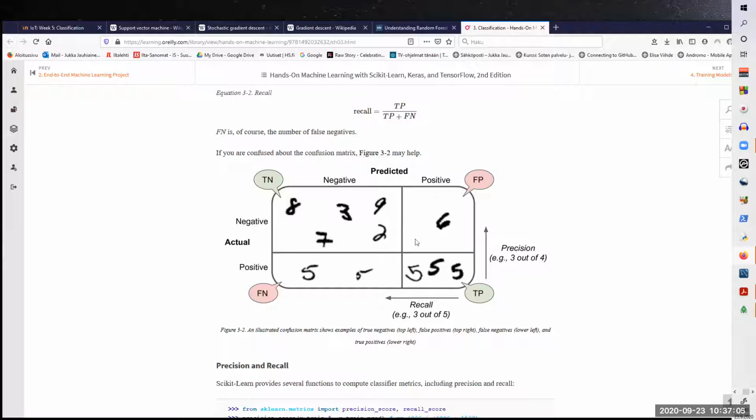This number, which seems to be 6, was falsely classified as number 5. So this is a false positive. These numbers evidently are not 5, none of them, so they are correctly classified as not 5. So they are true negatives. And these numbers are number 5, but they were falsely classified as not being 5. So they are false negatives.